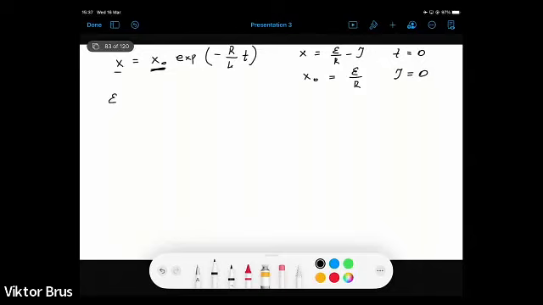So epsilon divided by R minus I should be equal to epsilon divided by R times exponent of minus R divided by L times t. With this, we rearrange the equation in order to get the expression for electric current as a function of time.